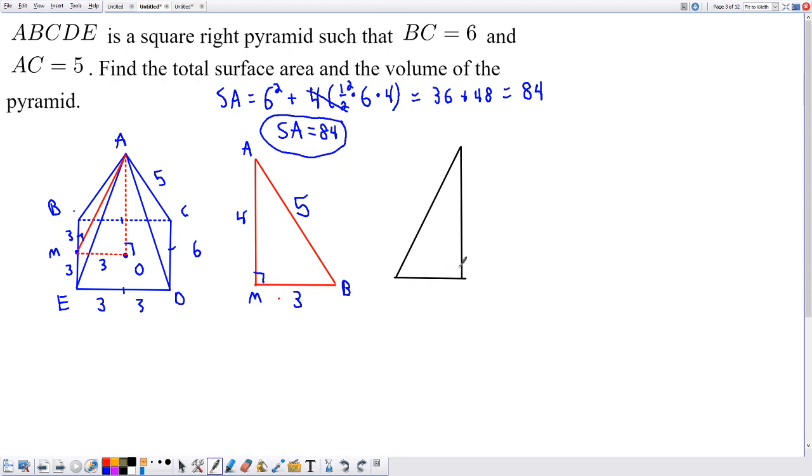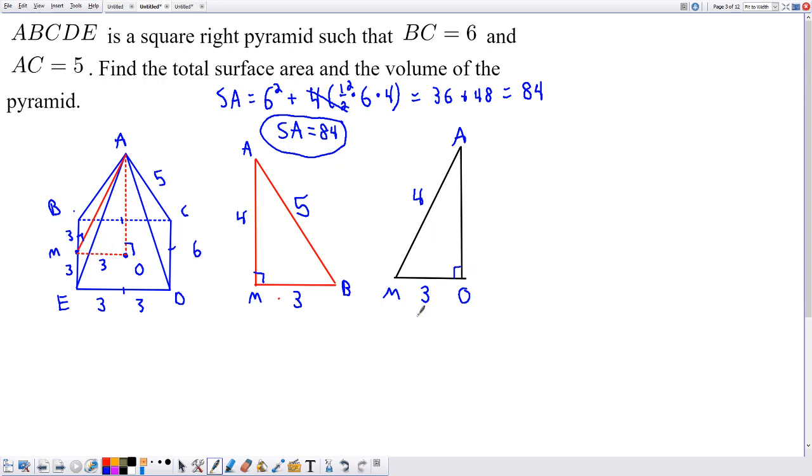So the right angle is formed at the point O, meeting the side length at M, all the way up at A. We know that AM is 4 from our work in the red triangle, and we know that MO has to be 3 since MO is halfway across the square.